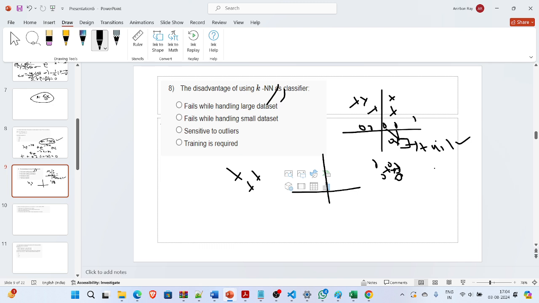If there are more outliers and I'm taking 2 or 3, the classifier may not work because of the presence of outliers. So KNN is quite sensitive to outliers. With a large data set it is also not very effective. That part also remains, but I think the most important point is this one.